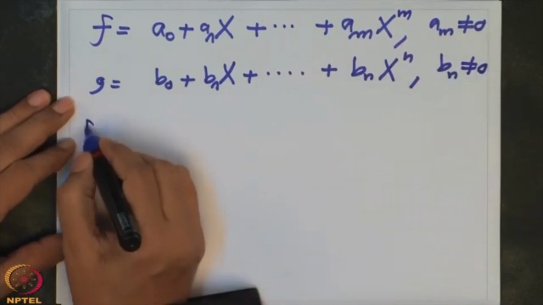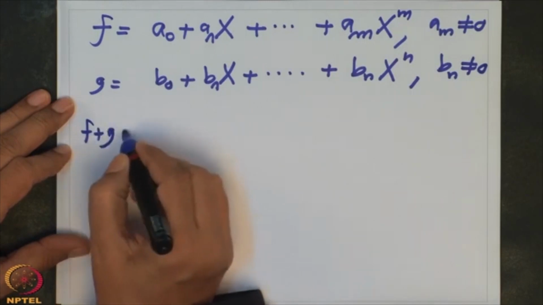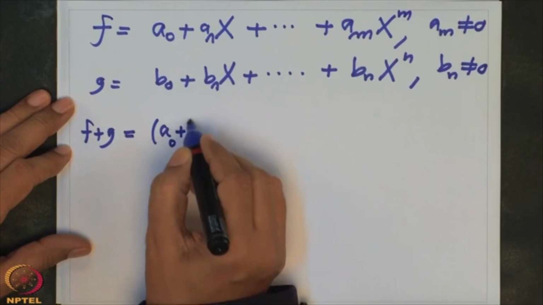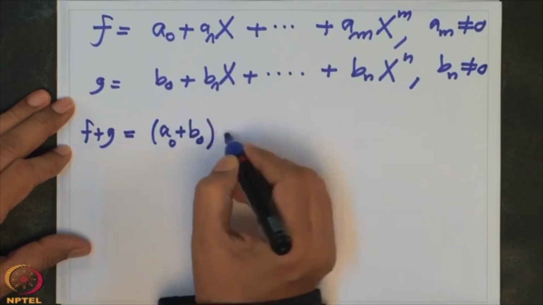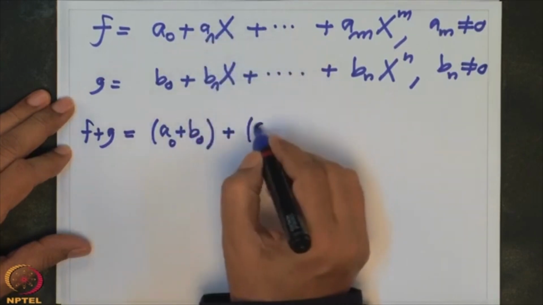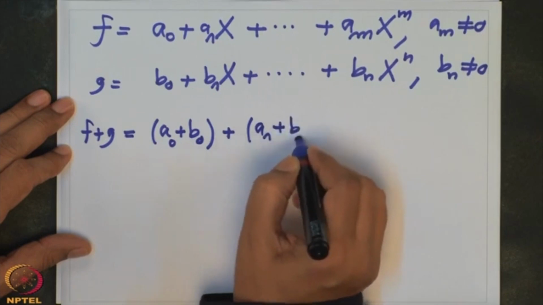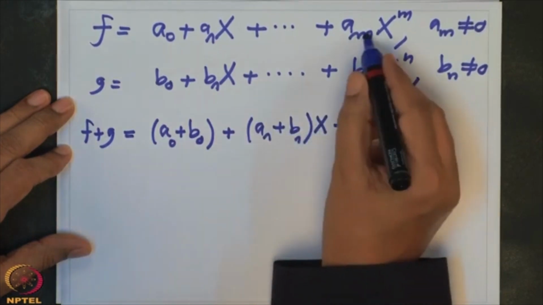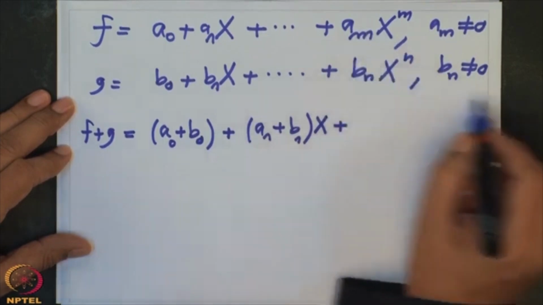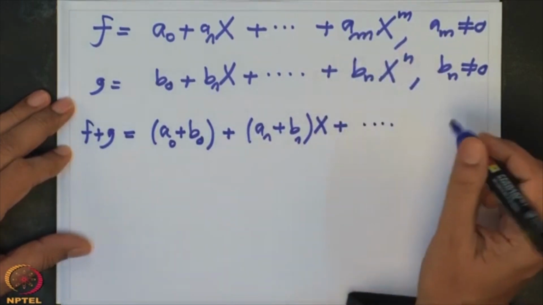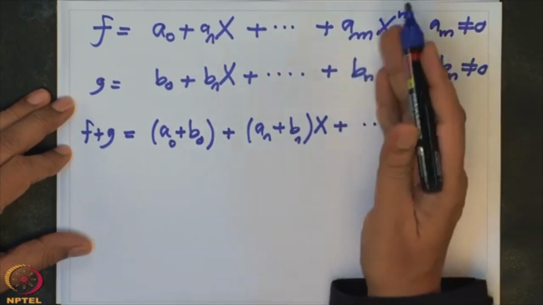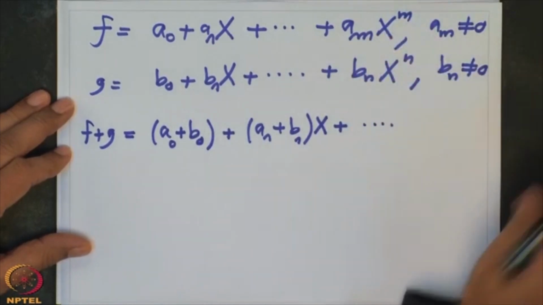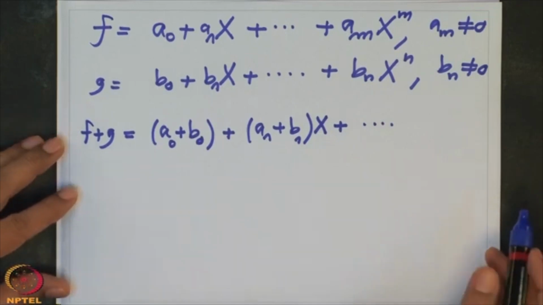Then how do I add f plus g? You add the corresponding coefficients: a0 plus b0, then a1 plus b1 times x, and so on. Now this may be bigger, that may be bigger, so add corresponding coefficients. If they are equal, you land at the same position, otherwise it goes on to the next one. So that is the addition of polynomials.